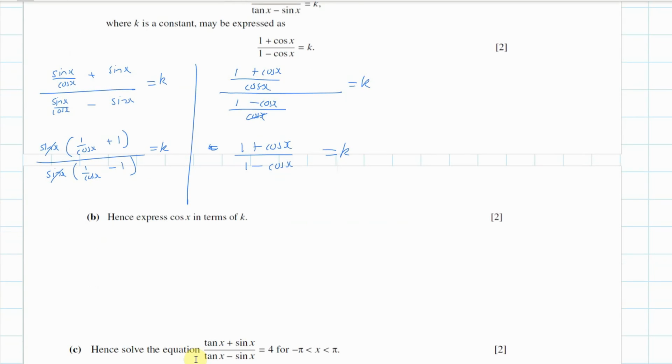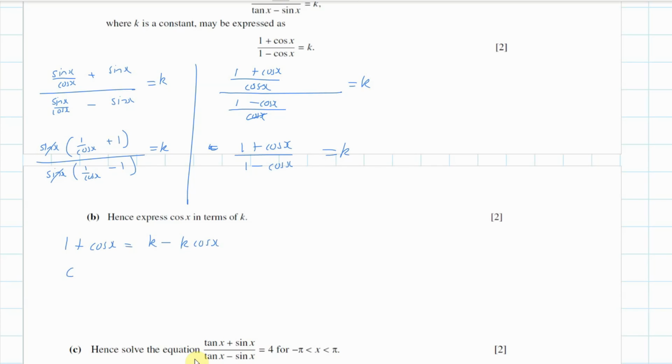What are we doing now? Hence express cosine x in terms of k. Okay, so I'm going to go 1 plus cos x equals k minus k cos x.